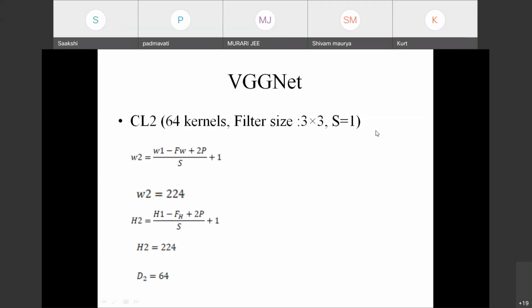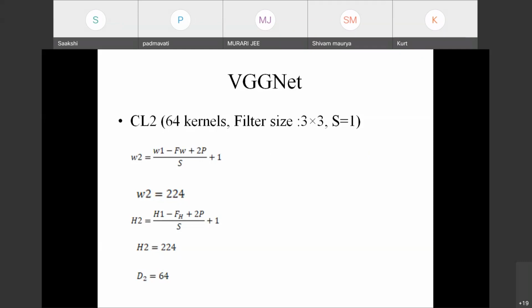And again, padding I have not mentioned in any of the slides. Stride equals 1, padding equals 1, whereas the filter size remains the same throughout the convolution operation, that is 3 cross 3 only in VGGNet.